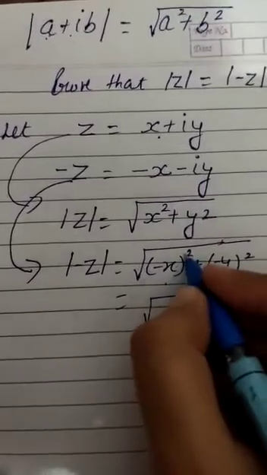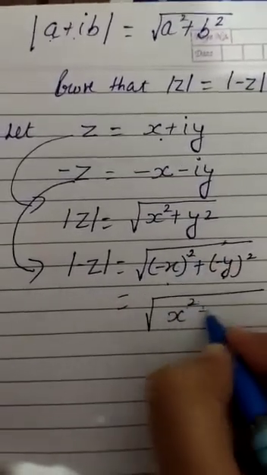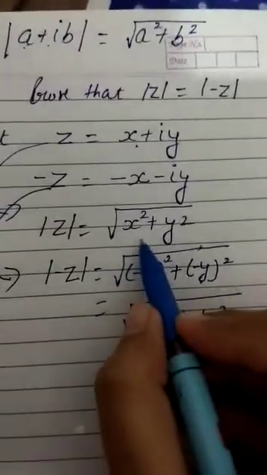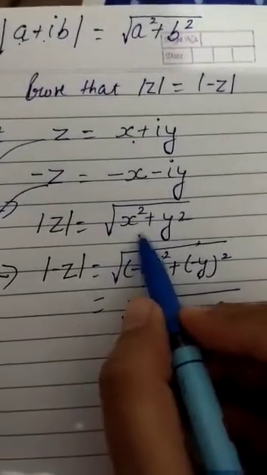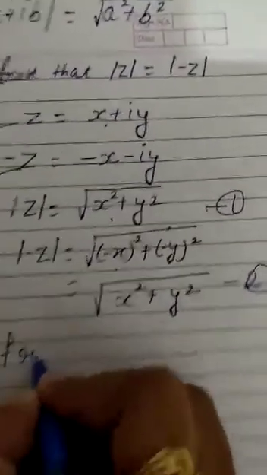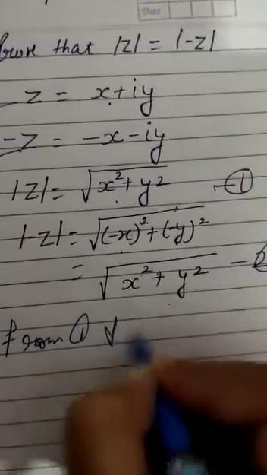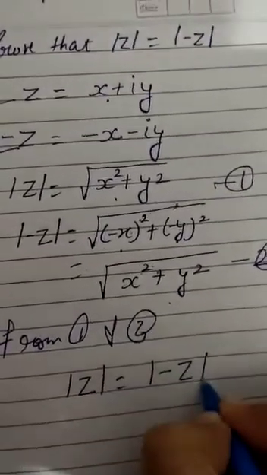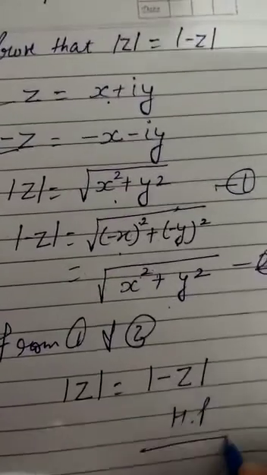Now minus square is always positive, it will be x square plus y square, and it is the same as the value of mod z. So from first and second, mod z is equal to mod minus z, hence proved.